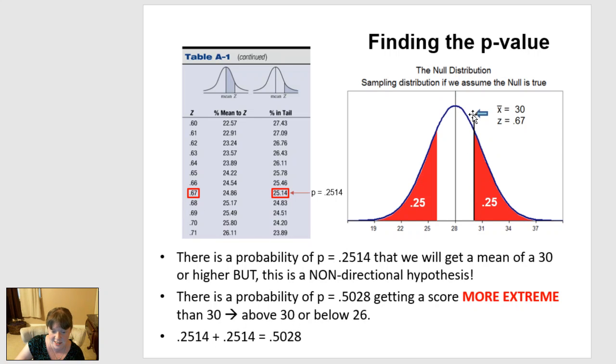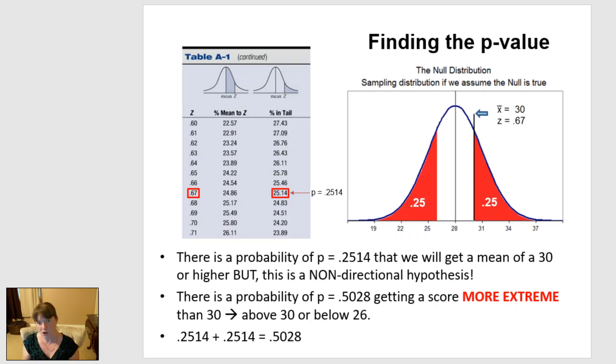Now remember, we've just standardized, right? 30 has become 0.67, and so the percent in tail is 0.25, right? But again, this is a two-tailed test, and so this is also p, and so we add them together to get a p of 0.5028, because I see a z-statistic of 0.67, the percent in tail is 25.14, that becomes a proportion of 0.2514, so then the p-value is 0.5028.